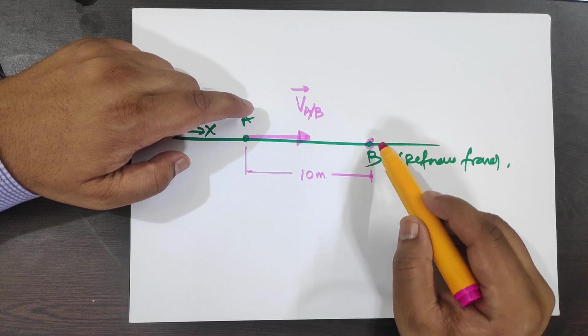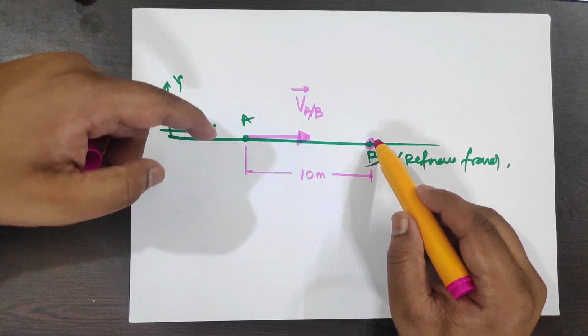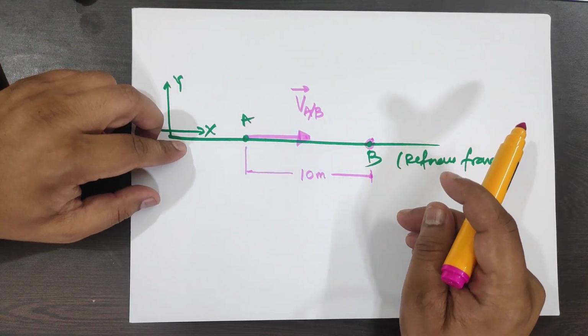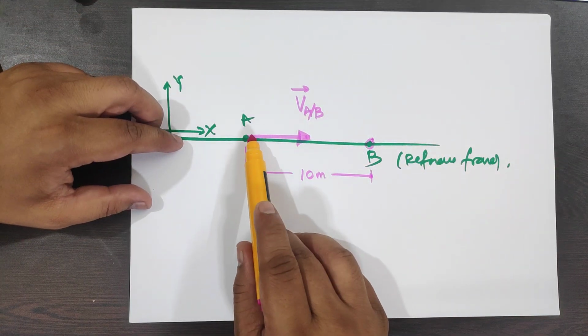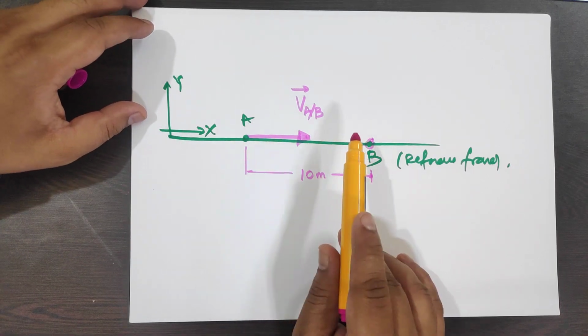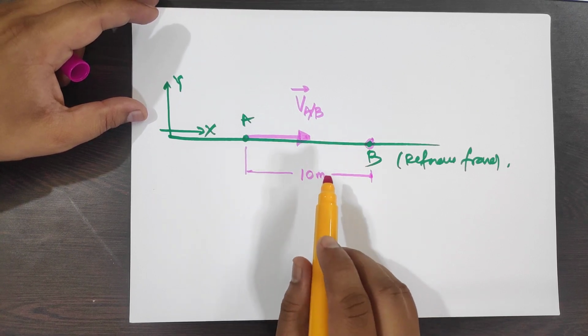So the condition for A and B to collide is that A will directly crash onto B. That means the velocity vector of A with respect to B is directly towards B. That is the one and only way that a collision between A and B can happen.